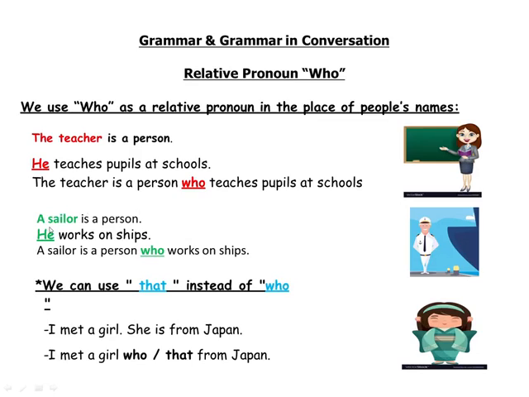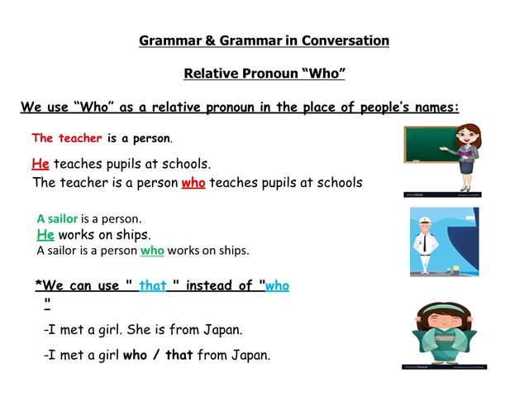Another example, a sailor is a person. We are talking about the people's name here, the sailor. He works on ships. Again, we have the pronoun he to refer to the sailor. Okay.